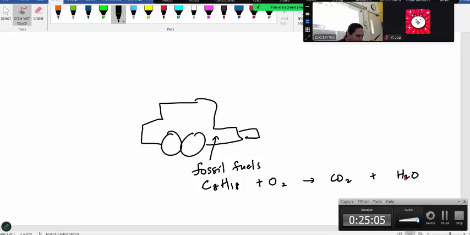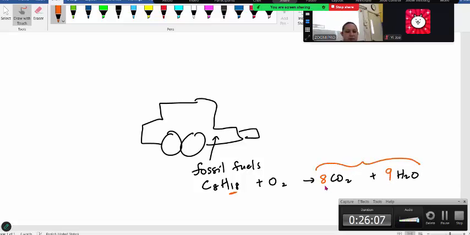Can you try and balance the equation? Okay, so how to balance? 8 carbon, and here's 18 hydrogen, so 9 water.